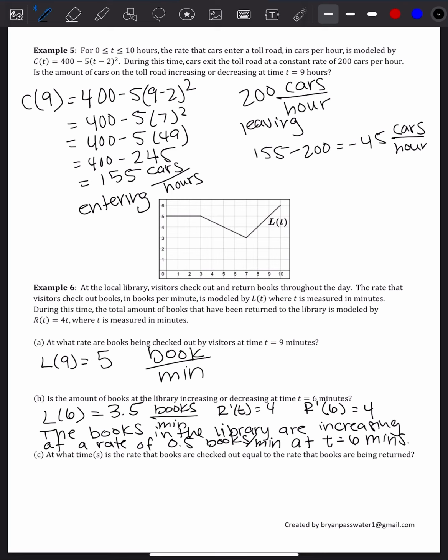We get to our last one: at what time or times is the rate the books are checked out equal to the rate the books are being returned? So we know the rate the books are being returned, R prime of t, is equal to 4. So we need to figure out when L of t equals 4. So if we look at our graph here, 4 is right here.